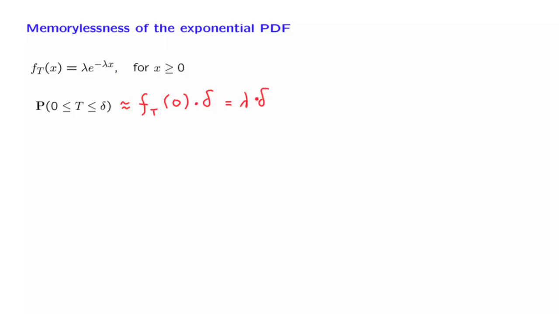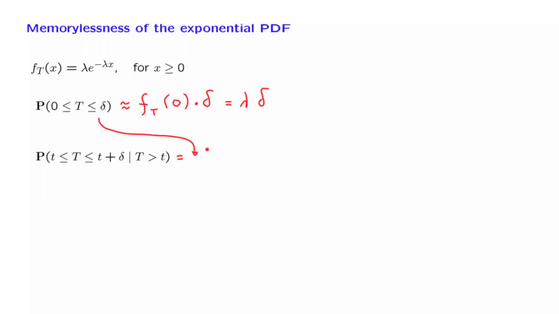What if we are told that the light bulb has been alive for t time units? What is the probability that it burns out during the next delta time units? Since a used but still alive light bulb is probabilistically identical to a new one, this conditional probability is the same as this probability here, that a new light bulb burns out in the next delta time units.